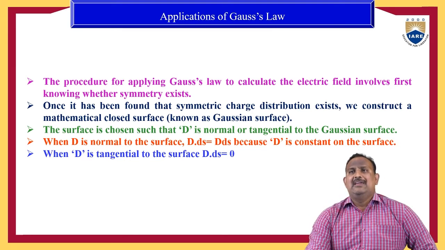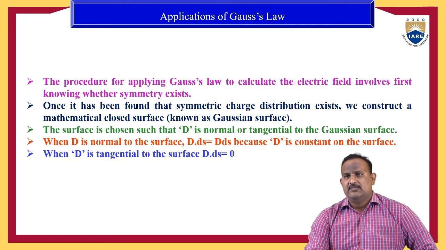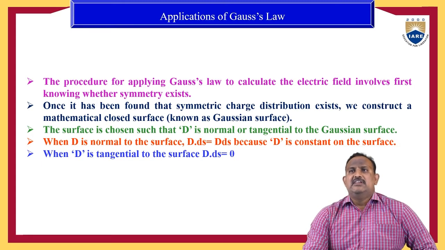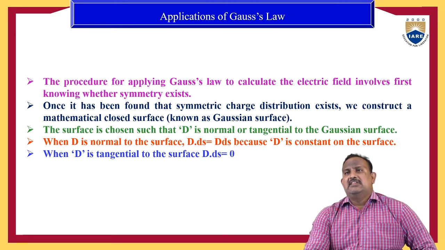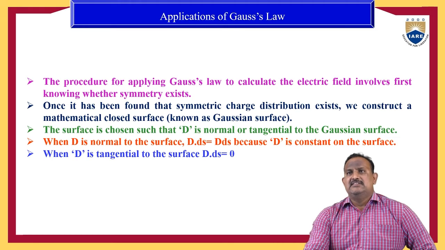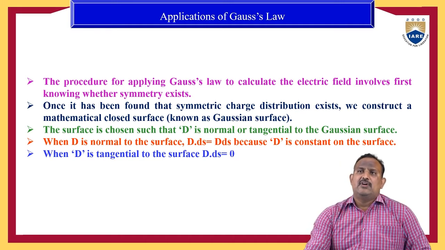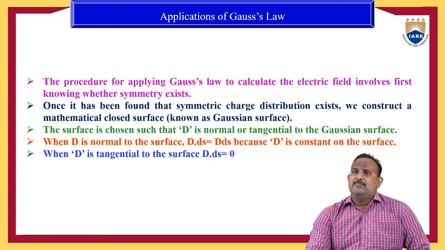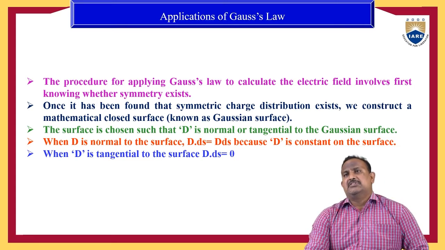Before applying Gauss law to any surface, we need to follow some rules. To apply Gauss law, we need to check whether there is a uniform charge distribution or not. Gauss law is applicable only to symmetrical charge distributions, whereas Coulomb's law can apply to uniform and non-uniform charge distributions.